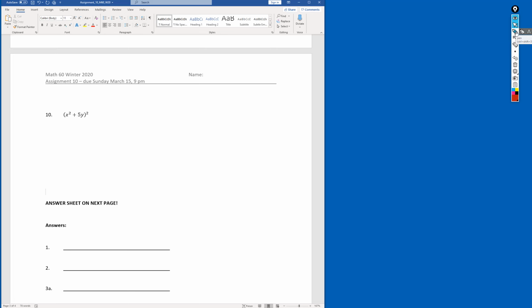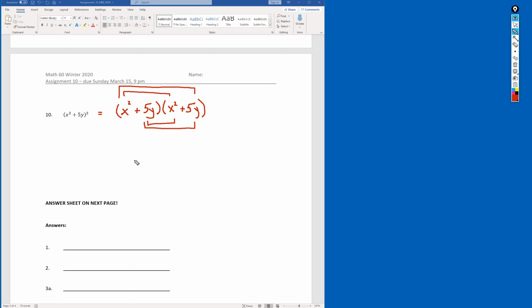Okay, so this is another one where the first thing you want to do is just write it out. It means x squared plus 5y times x squared plus 5y. We're just going to FOIL it. This times this, that's first. Outer. Inner.